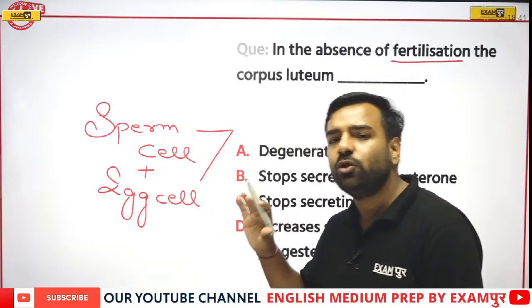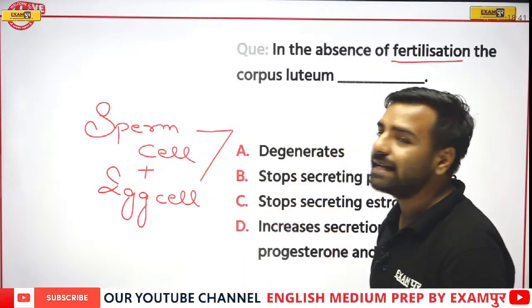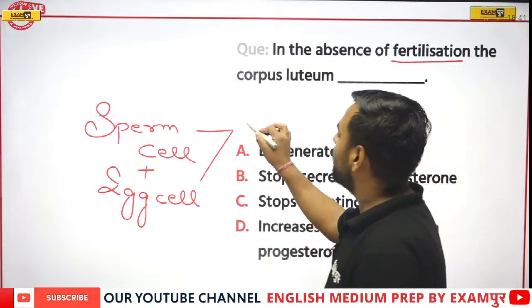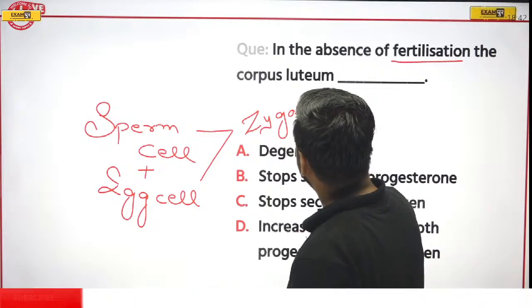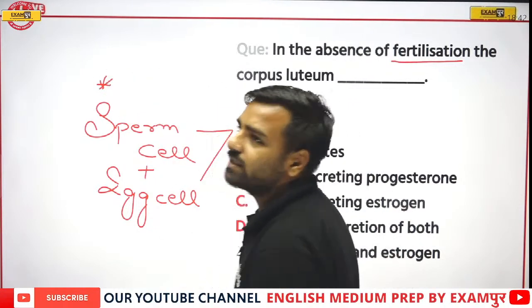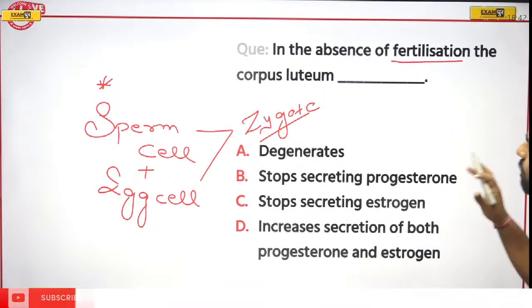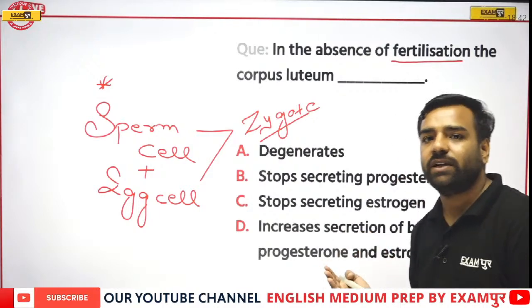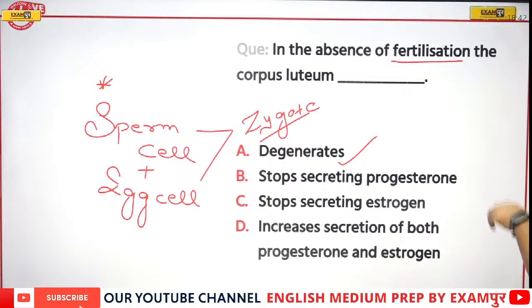So the fallopian tube is the location where the sperm cell and egg cell fertilize, forming a zygote. Now if this fertilization doesn't take place, in this condition the corpus luteum degenerates. So the degeneration of the corpus luteum takes place in the absence of fertilization.